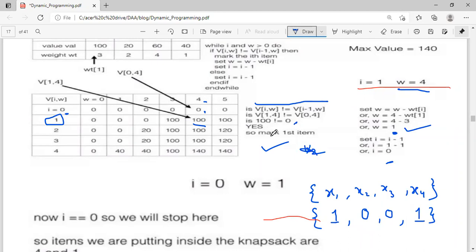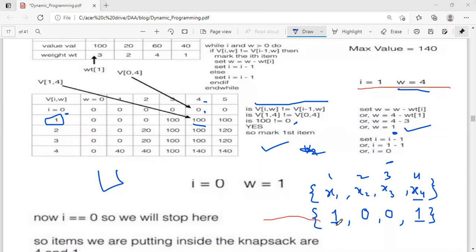Here we have four items. From the 4 items we give a representation: 1 represents that the item is added in the bag, and 0 represents that the item is not added. The fourth item we added, then 3 and 2 we did not add because both are the same.